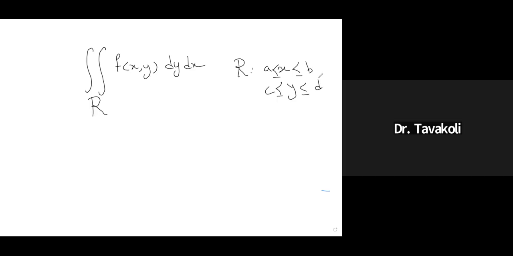So suppose a function is given, and in the project, there will be a specific function. But for now, let me show it as f of x and y. And this region R consists of all x's from 0 to 1, and y's are also from 0 to 1.